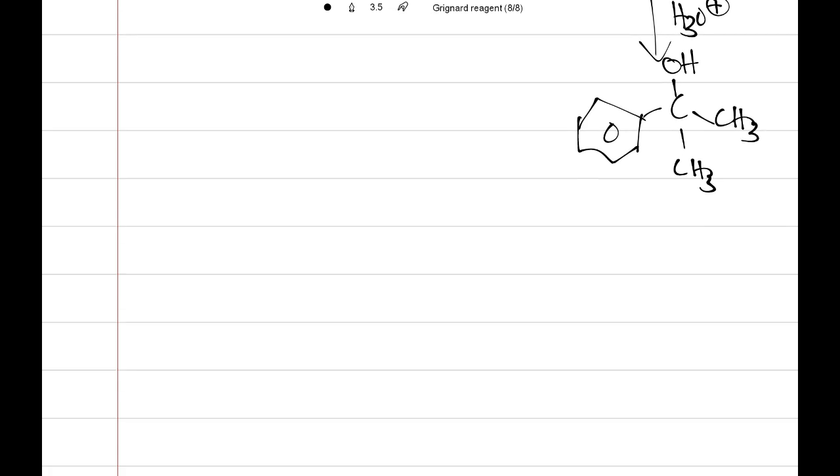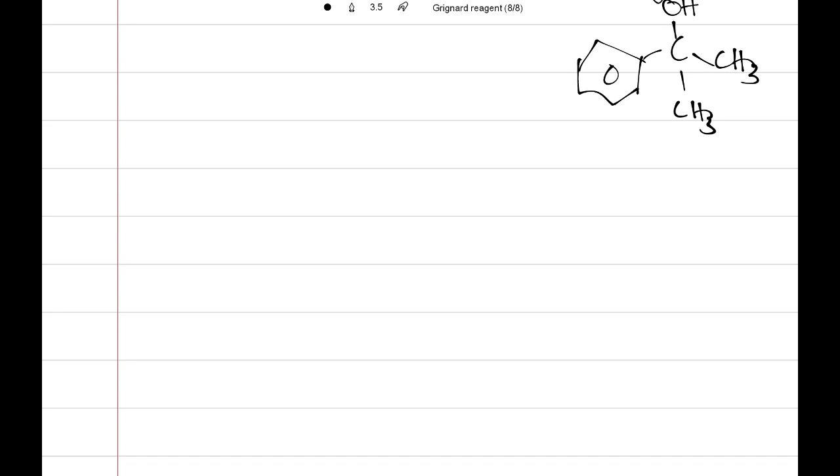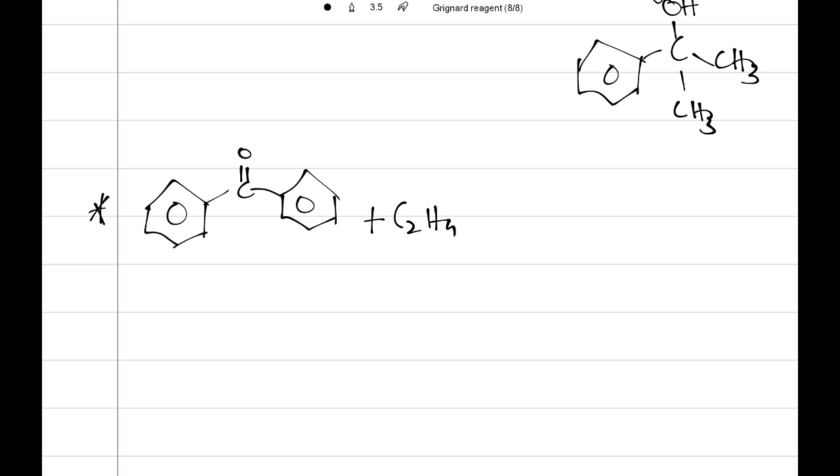Okay, right, next one I am taking benzophenone, where both sides have phenyl rings, and this reacts with C2H5MgBr. Now what is the product of the reaction? This is directly attached to the electrophilic carbon, electrons are shifting toward the oxygen.